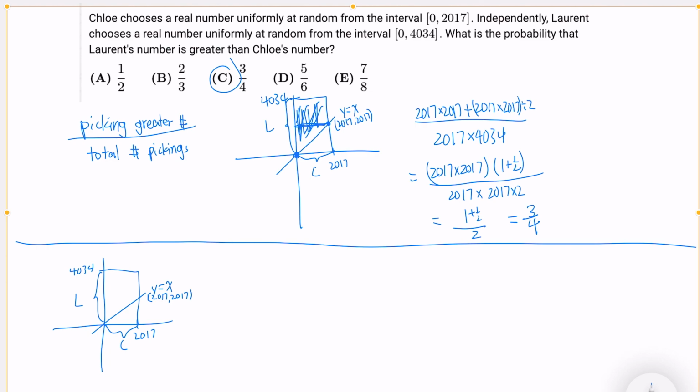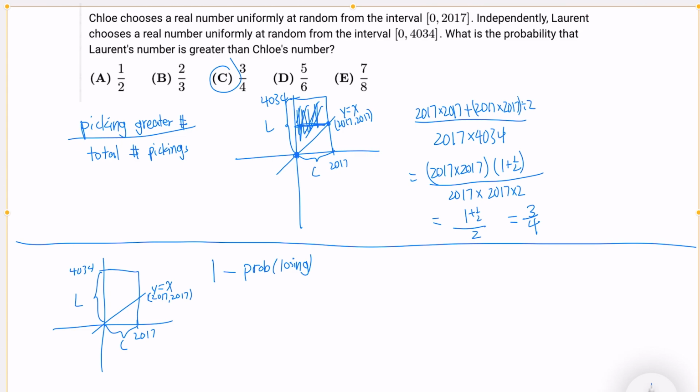We can also solve this by using the equation 1 minus the probability of losing. And so let's denote losing to mean picking a number that is less than Chloe's.